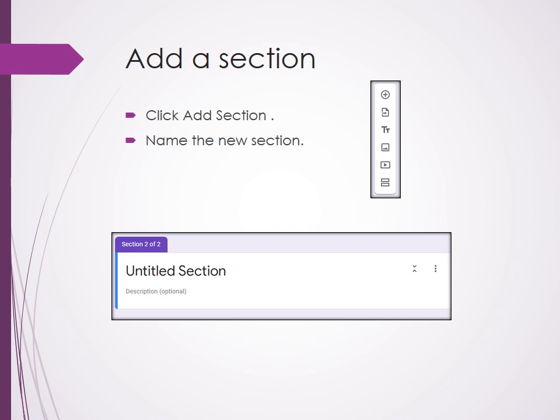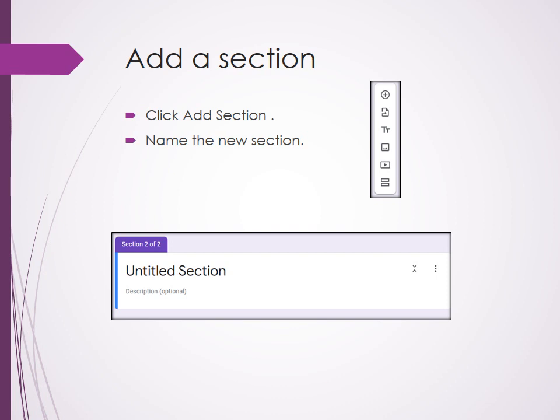Another very important advantage of this particular section: while we have a choice based question, in the settings of a choice based question, there is an option of where to go. In a normal execution of the form, it always goes to the next following question. But there you may select, depending on the answer, which section you have to go to.